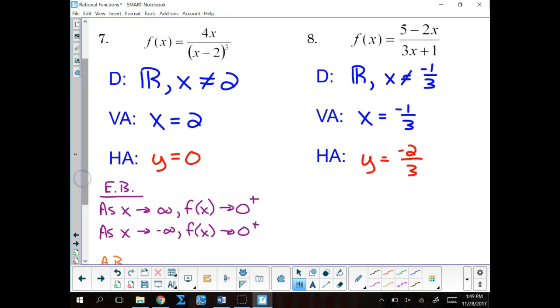Okay? So, my end behavior is going to be as x goes to infinity, f of x goes to negative 2/3, but now I got to figure out if it's from above or from below.